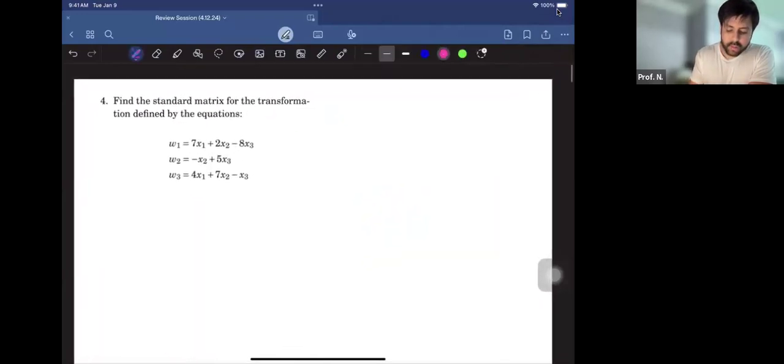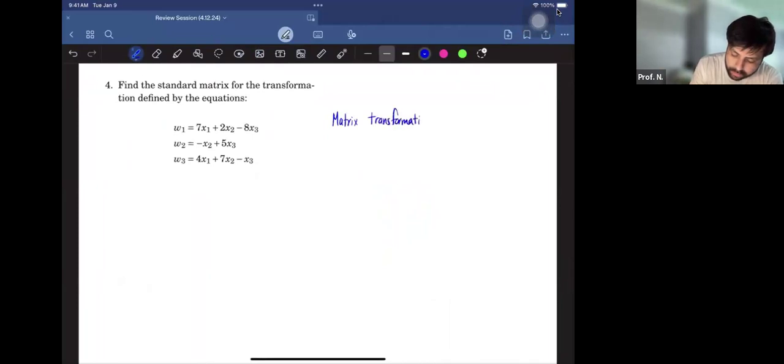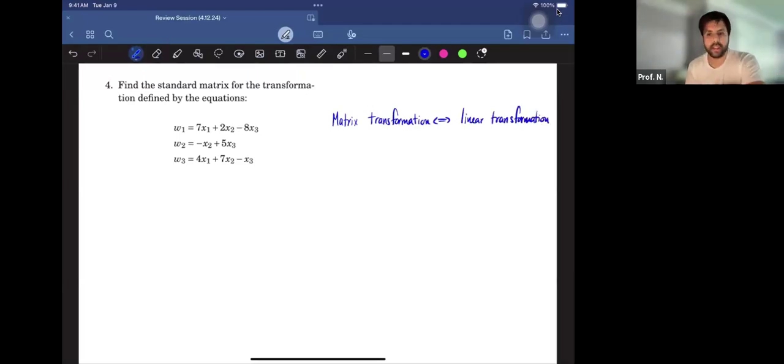I want to find the standard matrix. This is a transformation, right? So remember what we proved? We proved that every matrix transformation is a linear transformation. They go hand in hand.